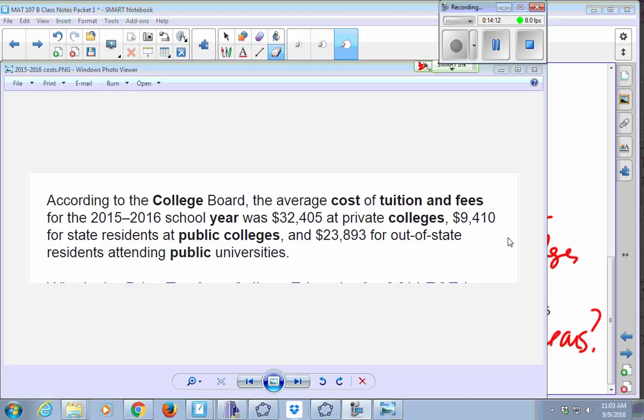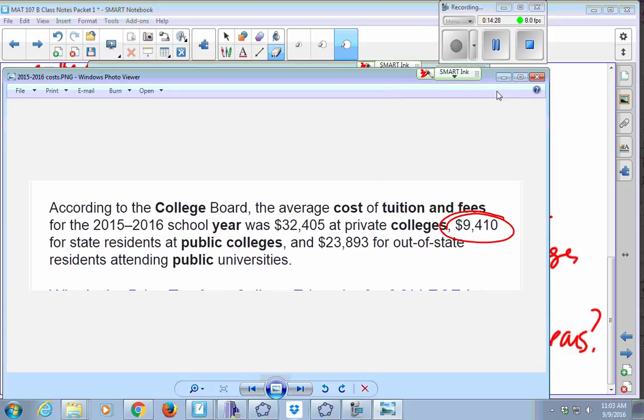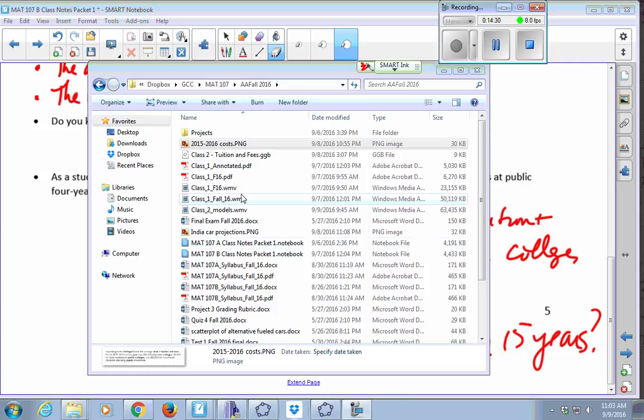This is the average cost of tuition and fees. This is real data. It's not using a model and predicting. So let's keep that in mind, 9,410, and we'll see how we do when we actually use our model in a few minutes.